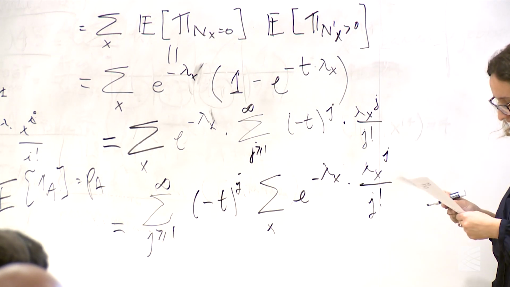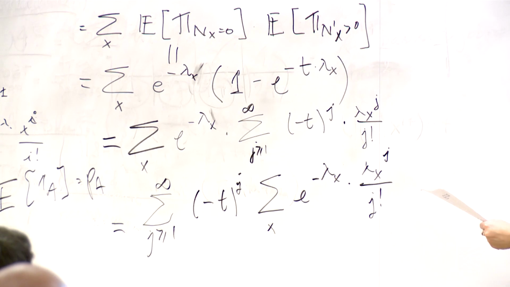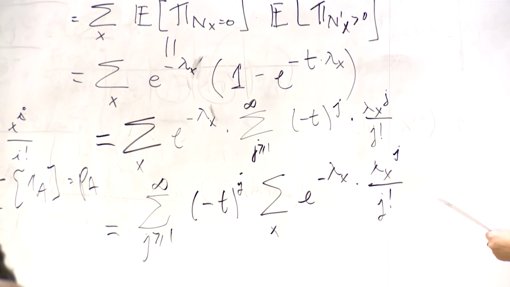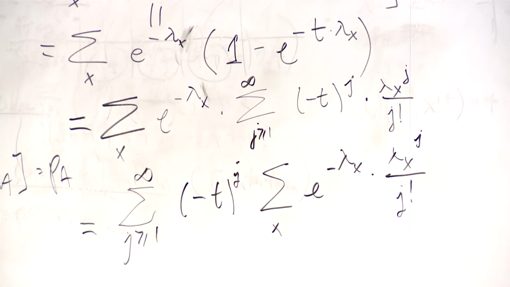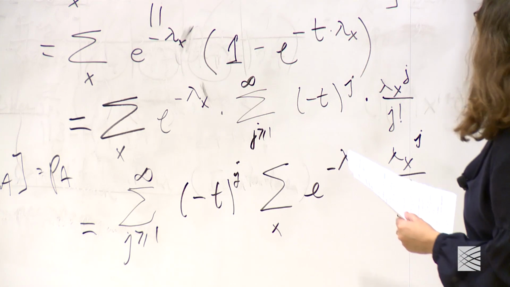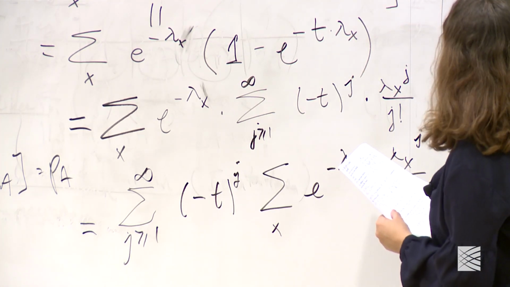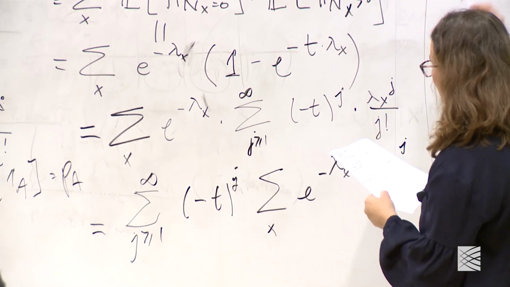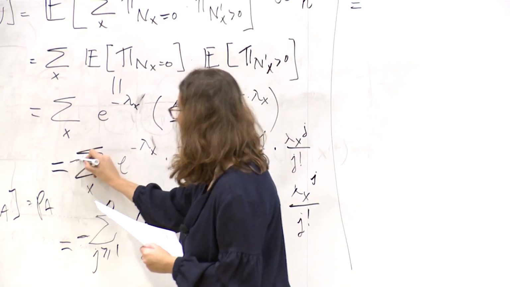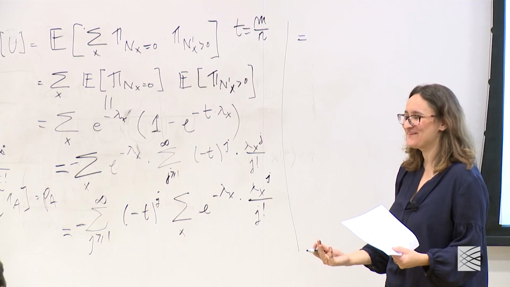What is nice about this right now is, does it remind you of anything you've seen so far? No? Oh, it means I'm doing a horrible job. It's the puzzle. Well, I'm going to tell you that this actually is, I forgot the minus here, the estimator you had before. Yes, it's the estimator we had before.